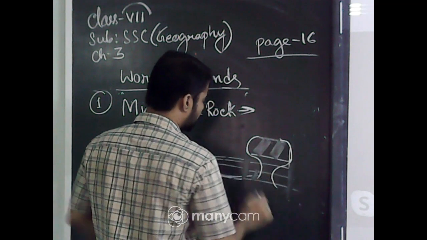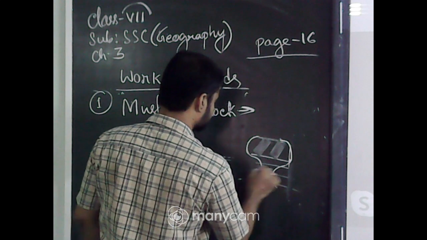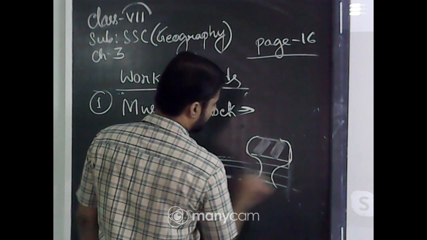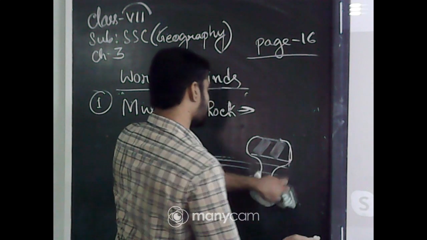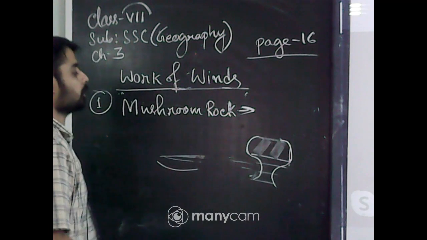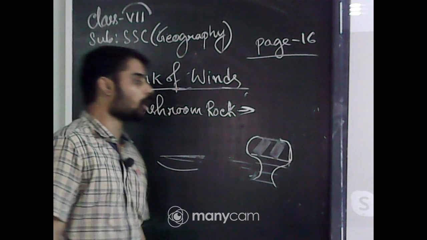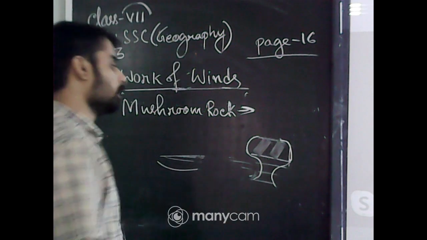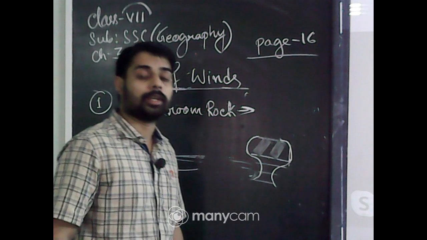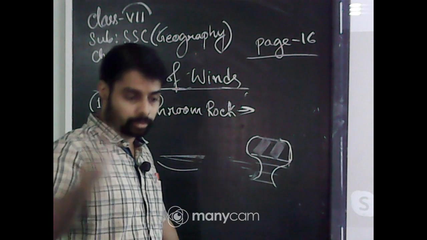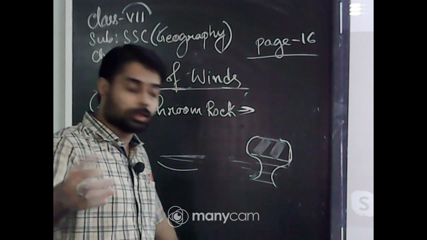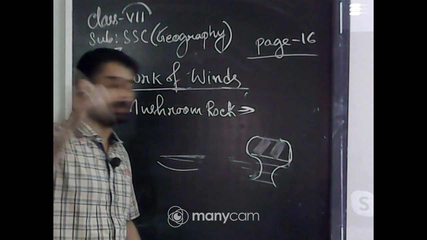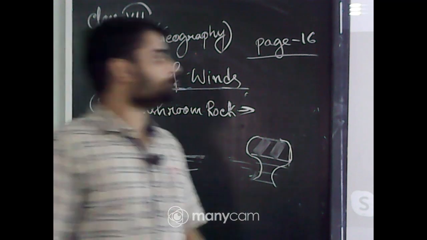So they only erode the lower portion, and this type of landform is created in the desert. These are called mushroom rocks. This type of mushroom rock you can see in the Thar desert, as well as in Arizona, Colorado and Utah, these types of deserts in the United States of America.